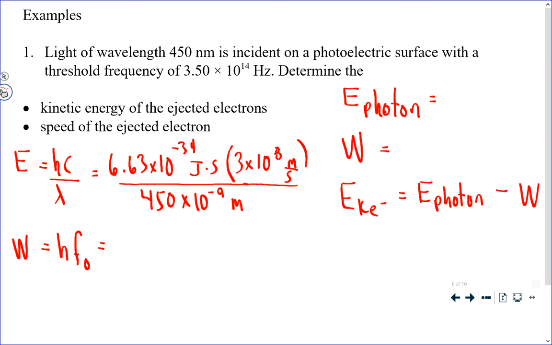How are we going to calculate the work function? In joules, we're going to take Planck's constant, 6.63 multiplied by 10 to the negative 34 joule seconds, and we're going to multiply by the frequency, which is the threshold frequency, 3.5 multiplied by 10 to the 14 hertz.